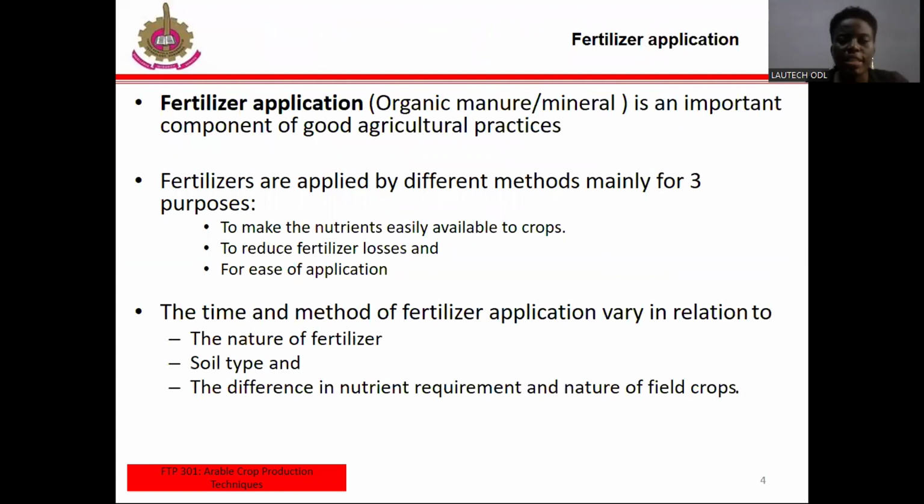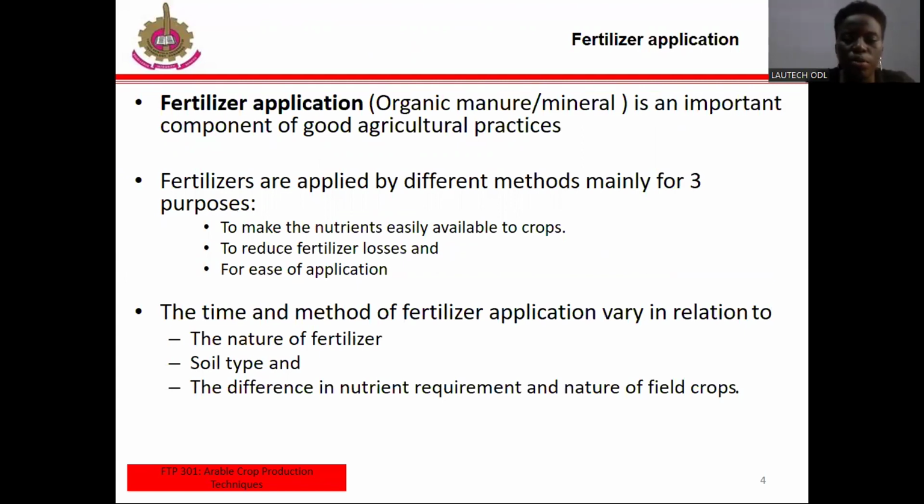But what is fertilizer application? Fertilizer application is an important component of the agricultural practices, and it has to do with the organic manure or the mineral fertilizer. And fertilizer is applied by different methods, mainly for three different purposes. One, to make the nutrients easily available to crops at a particular point in time.